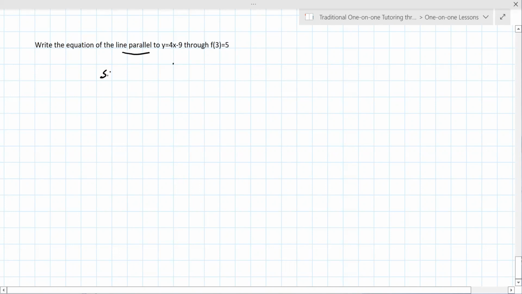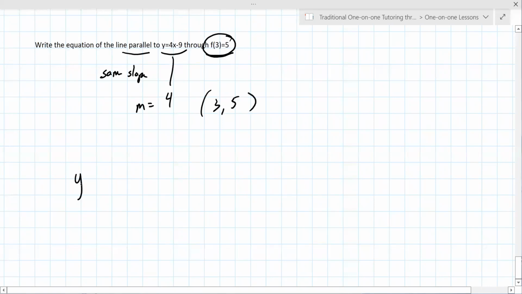All right. Parallel means same slope. What is the slope of this equation? 4. Yeah, 4. What is this as an ordered pair? 4 and 9. No, right here. This one right here. 3 and 5. Sorry. 3, 5.